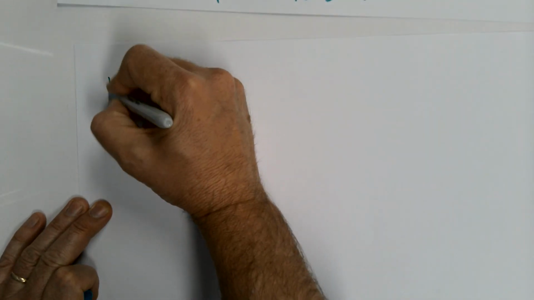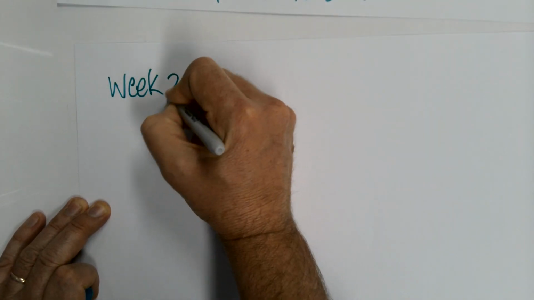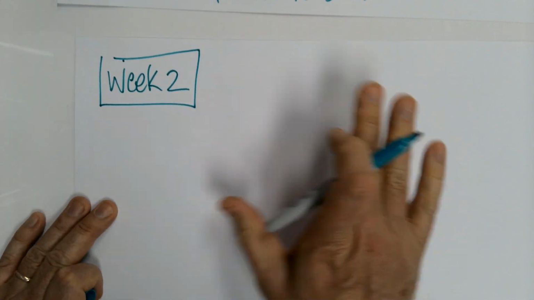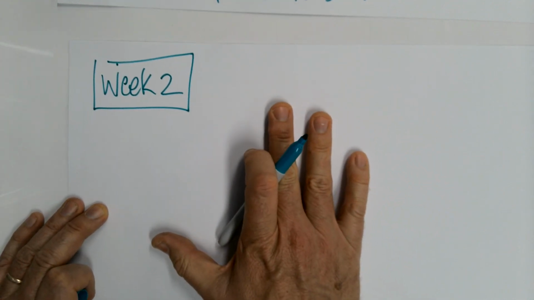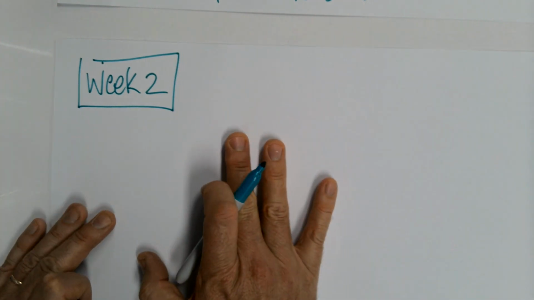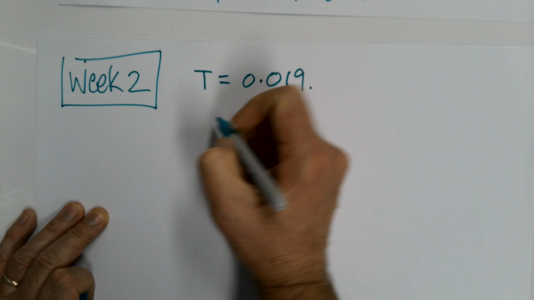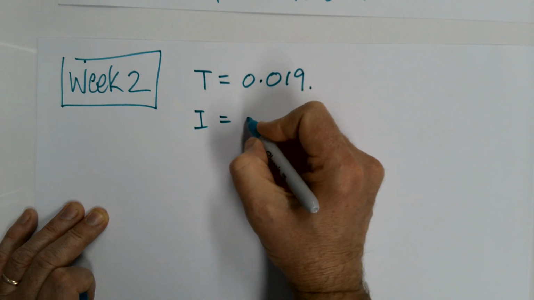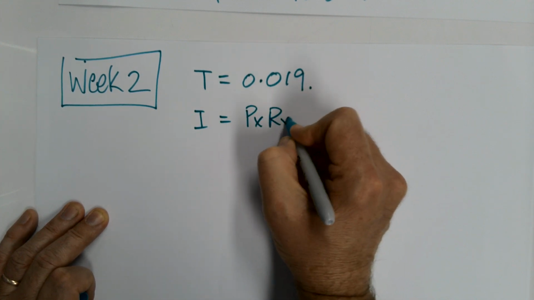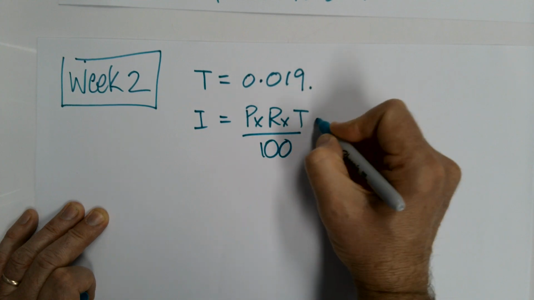So we've got week 2. You need to be doing exactly this for the assignment. Head it up week 1, week 2. T is still 0.019. So my interest, P times R times T over 100.